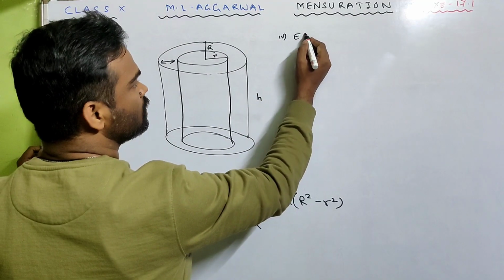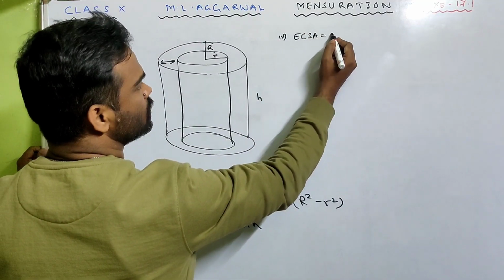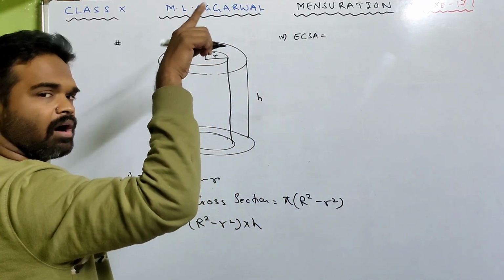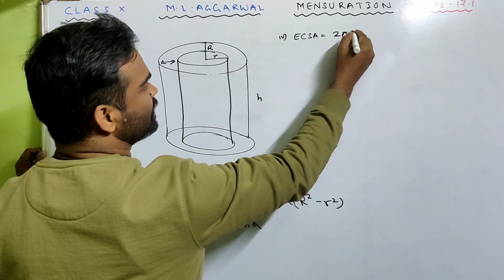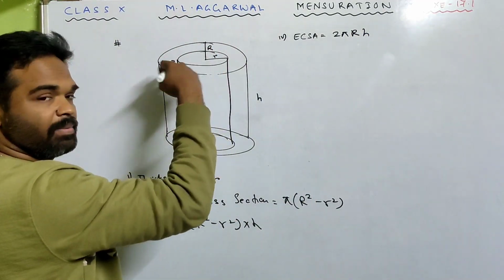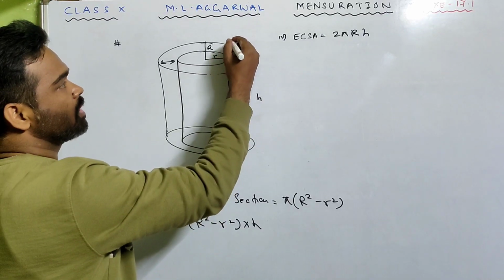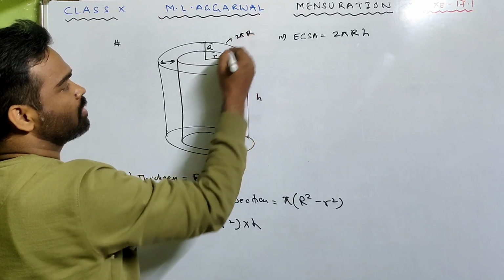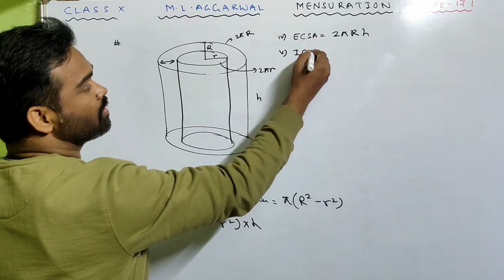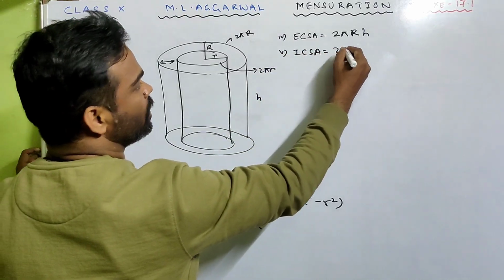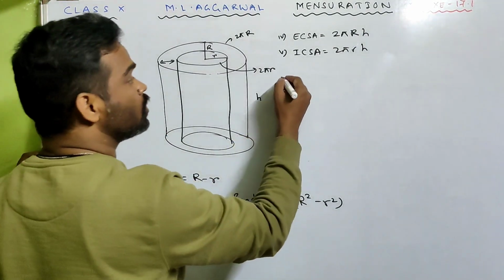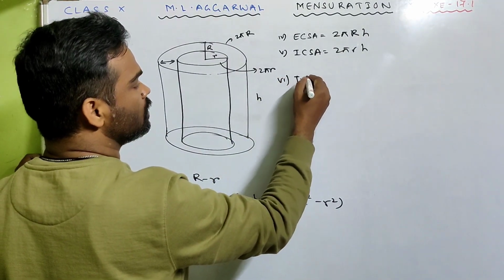So external curved surface area is, just now we did, 2 pi r h, so in this case it will be 2 pi capital R h. Circumference, perimeter into height, so the perimeter of this is 2 pi capital R. For the internal it is 2 pi small r, which means internal curved surface area 2 pi small r h, which gives us total surface area.